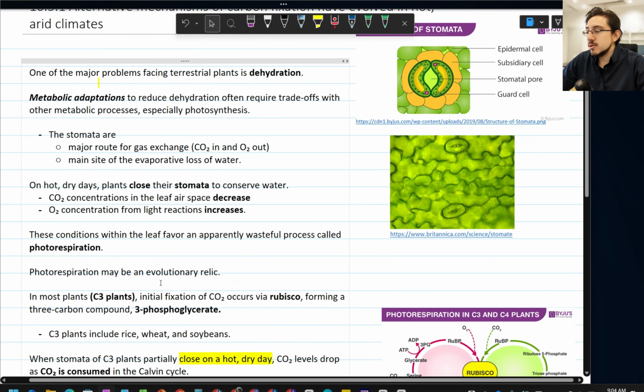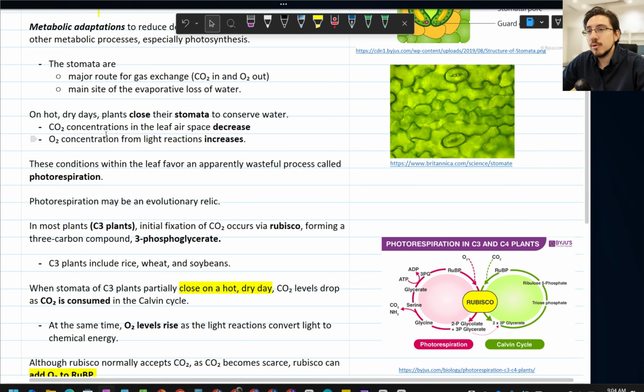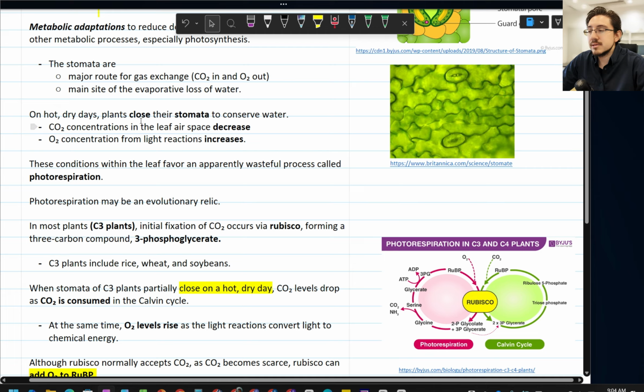On hot, dry days, plants generally close their stomata to conserve water. The leaf has open airspaces where gases can float around. Because the stomata are closed, you don't have CO2 coming in, and the CO2 is being consumed by photosynthesis, so it starts decreasing.